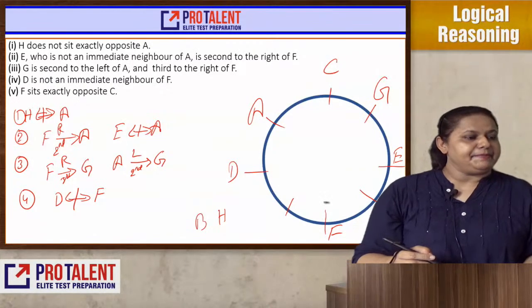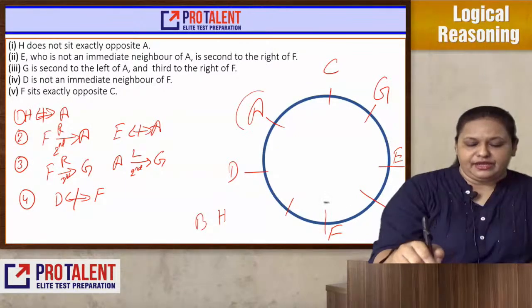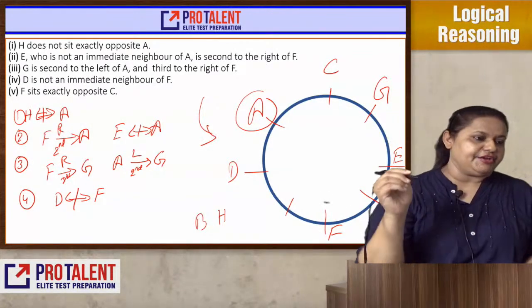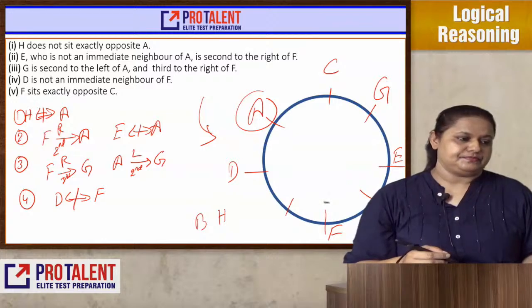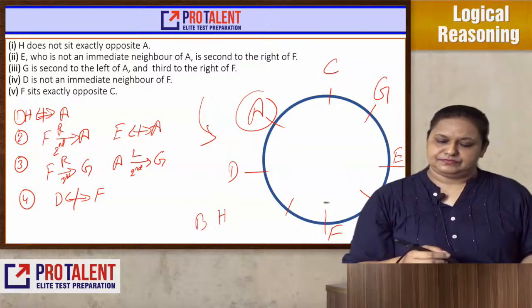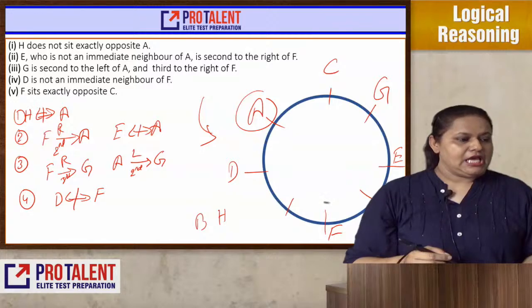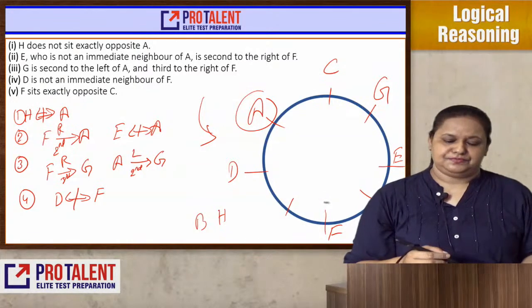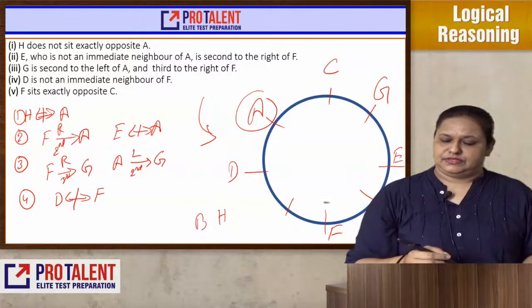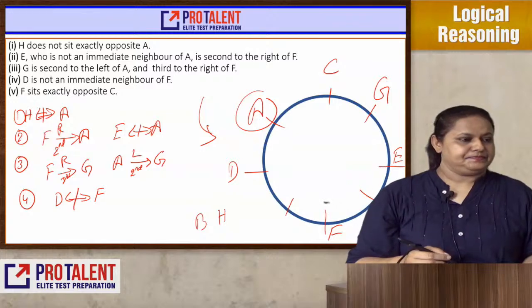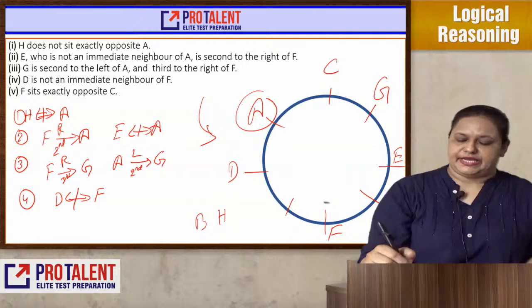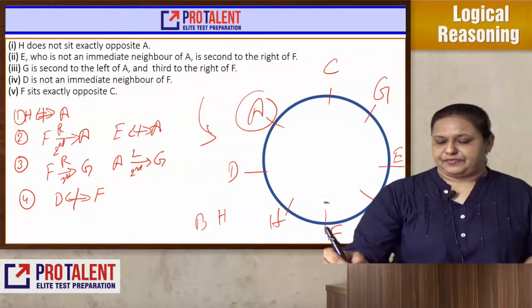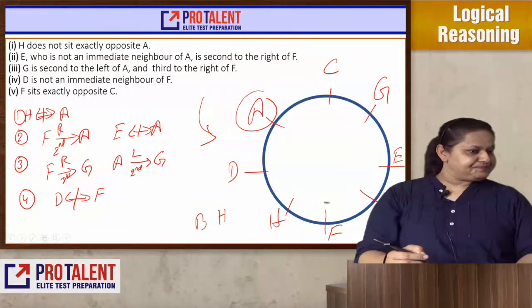Please give me, with respect to A, in an anti-clockwise direction, the final arrangement. Correct. A, D, H, F, B, E, G, C.